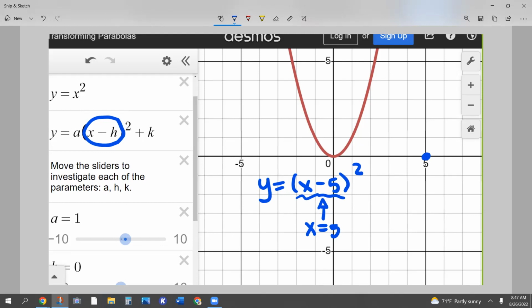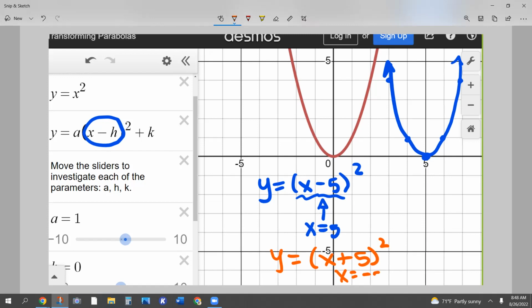And then my parabola would be right here. 1 squared is 1, and 2 squared is 1, 2, 3, 4. And same on the other side, and that would be my parabola, okay? If I had y equals x plus 5 squared, where it's a plus 5 in my parentheses, negative 5 makes that 0. So my graph's actually going to move to the left.